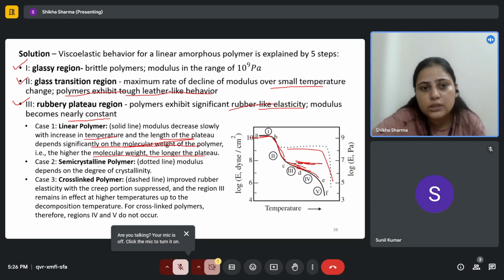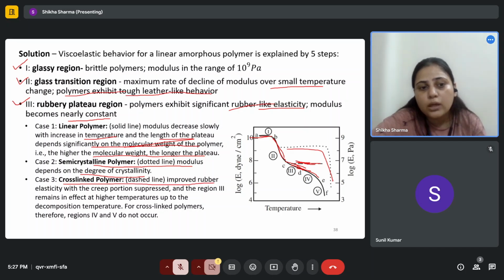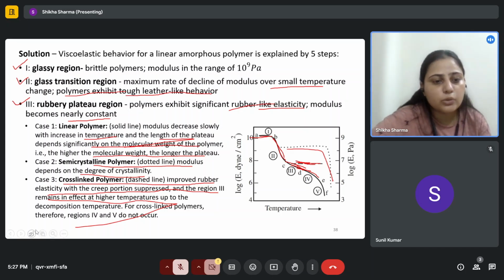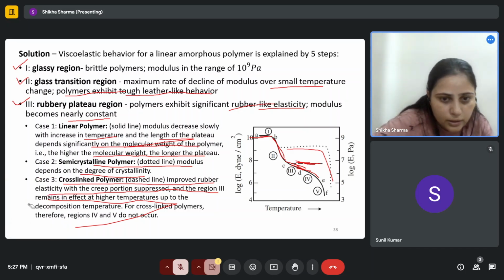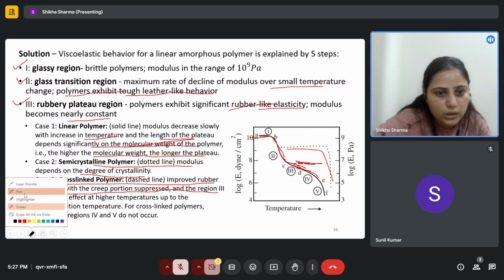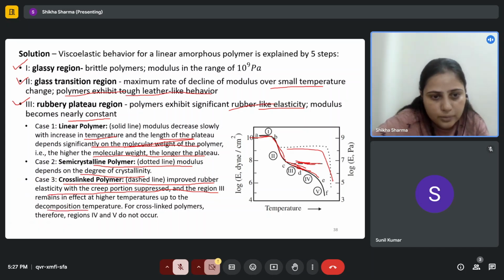In the second case, the semi-crystalline polymer or the dotted line, the modulus depends on the degree of crystallinity. The third case is the cross-linked polymer, the dashed line, with improved rubber elasticity, creep suppressed, and region 3 remains in effect at higher temperature, up to the decomposition temperature.